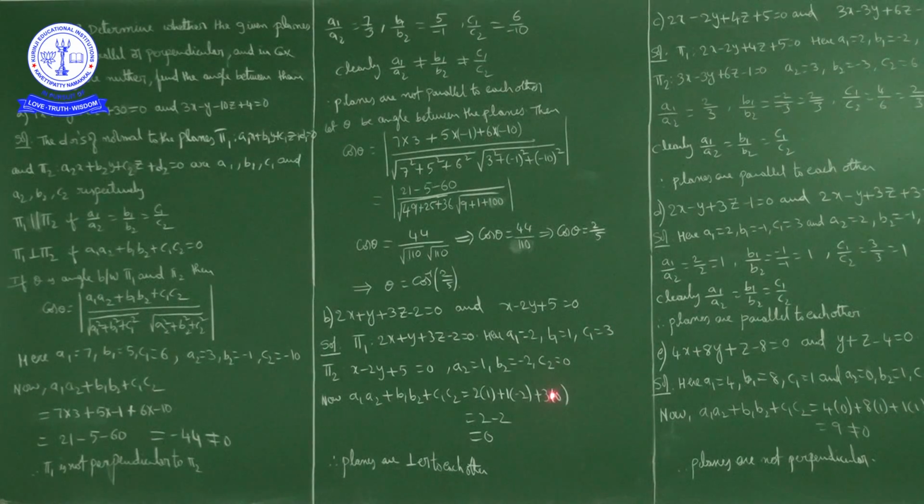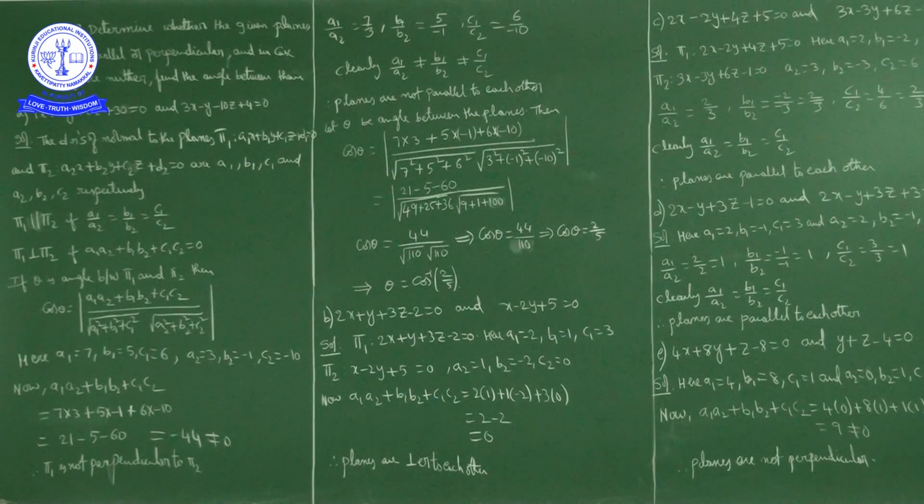So 3 into 0 is 0. 1 into 2 is 2, minus 2. So 2 minus 2 is how much? 0. So a1 a2 plus b1 b2 plus c1 c2 is equal to 0. So the given planes are perpendicular to each other.